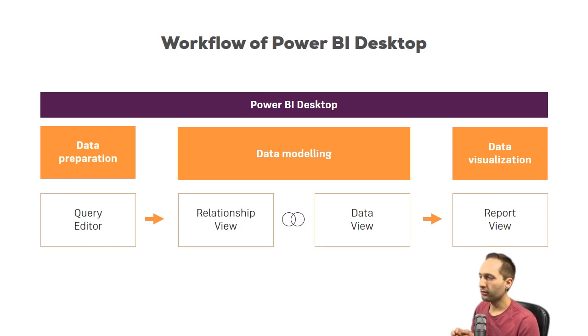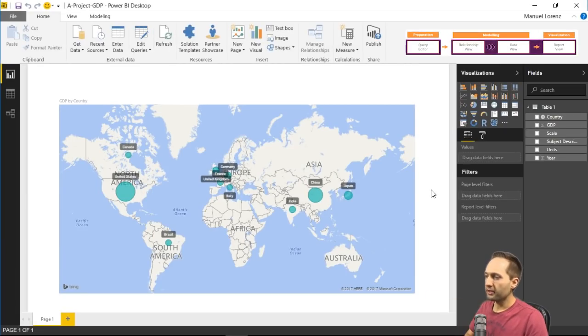Now, we could continue talking about this in theory, but I think it's better if we just switch to our initial GDP project from the first module and see where we can find those workflow steps and those tools and views in the actual Power BI Desktop interface. Let's find that out. So this is the last thing we saw in our GDP project.